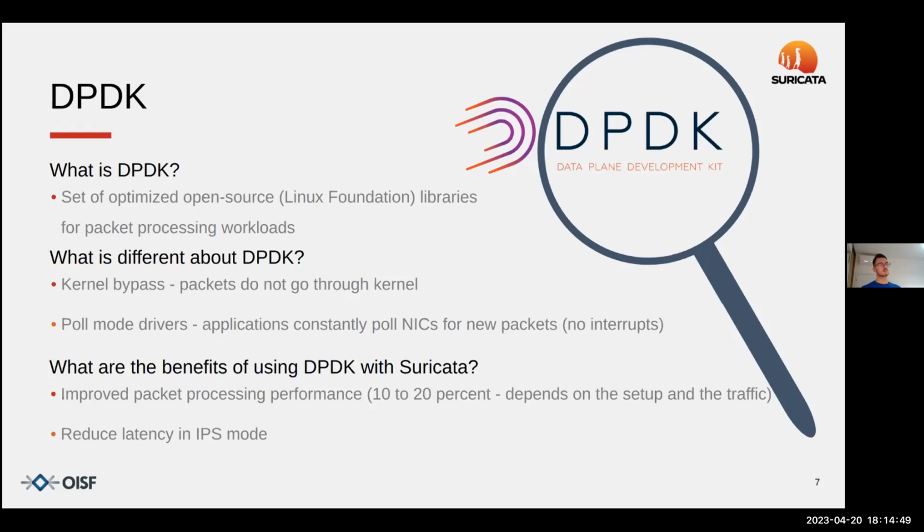So maybe in some cases, it might be even more than 20% additional performance. In IDS mode, we don't usually care much about latency, but DPDK might have another positive effect on latency in IPS modes. Compared to standard modes like AF_PACKET, it can reduce latency as well.